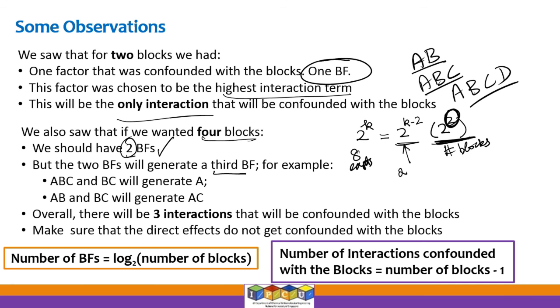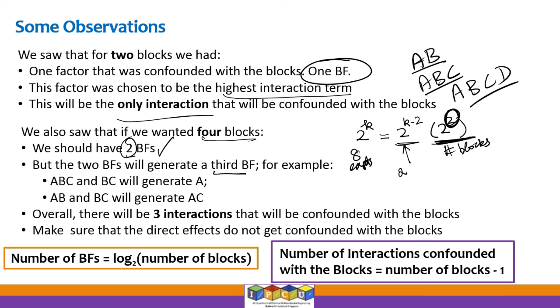So think of a situation where we have to assign experiments into 8 blocks. Let's say we are planning a 2 to the power of 6 design, which means 64 experiments, and you have to assign it to 8 scientists. So into 8 blocks, and therefore each block will have 8 experiments. All right.